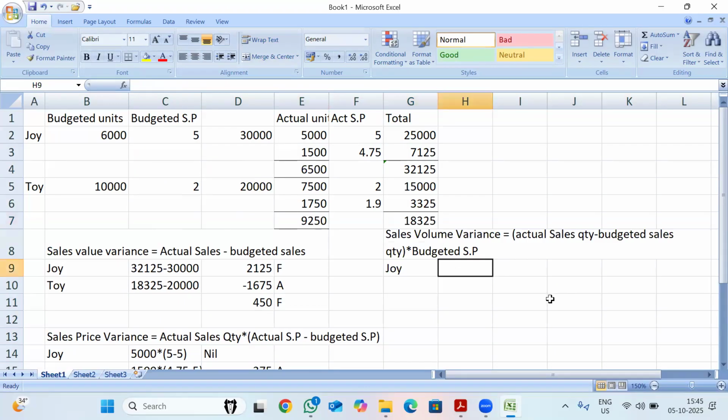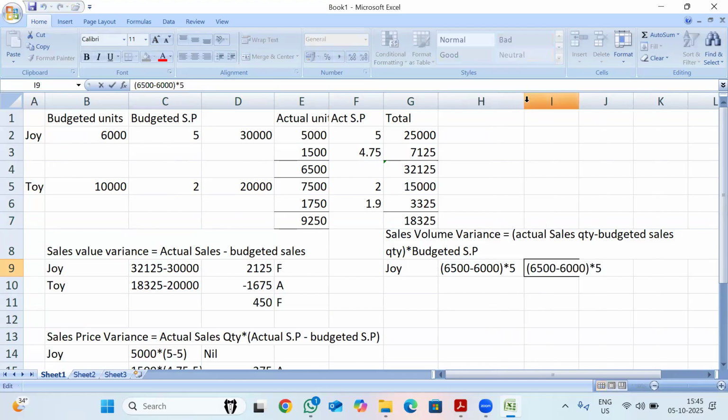So for Joy, the actual sales quantity is 6,500 minus budgeted 6,000. So we will get a favorable variance, into my budgeted selling price of 5 rupees. So I will be getting 2,500 favorable.